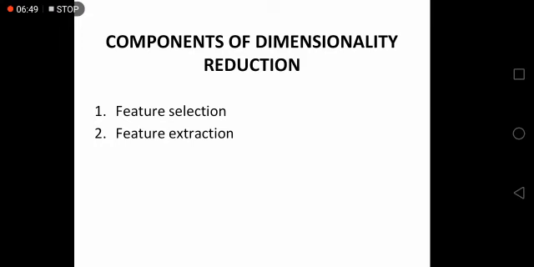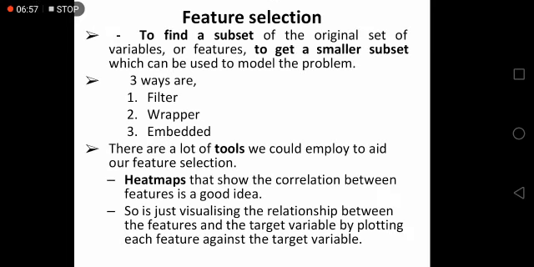There are two components of dimensionality reduction, that is feature selection and feature extraction. Let me discuss feature selection first. In this, we try to find a subset of the original set of variables or features to get a smaller subset which can be used to model the problem.